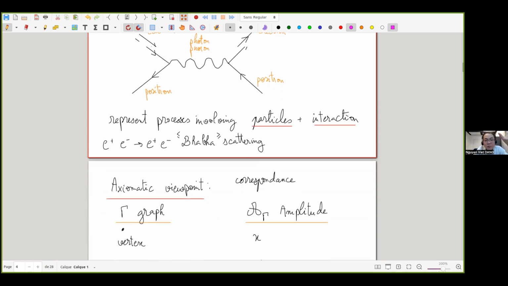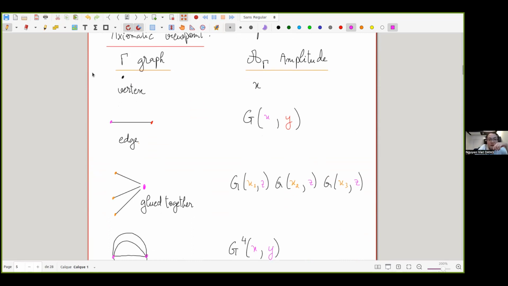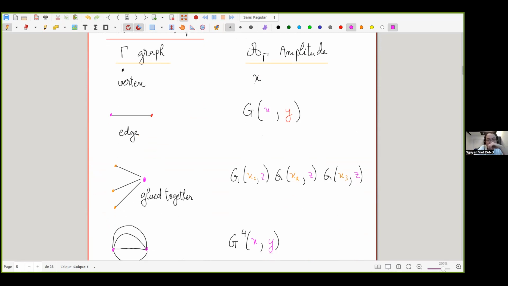Okay, now let's go back to pure math. We forget about the motivation. I can present these Feynman rules in an axiomatic way, as a correspondence between pictures and formal products that I can make with the Green function. For each vertex in the graph, you associate a point on your manifold.